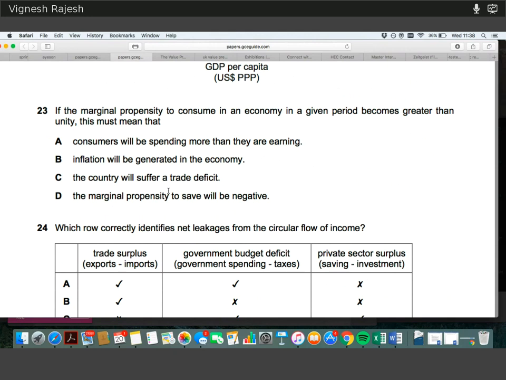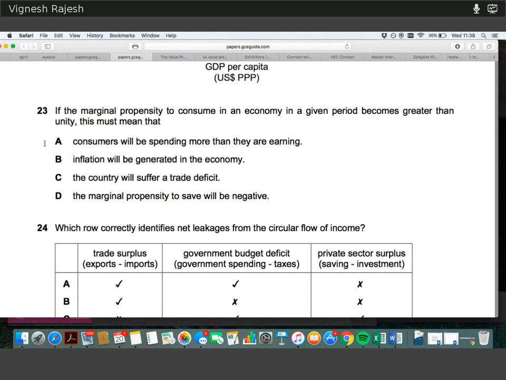This would be an example when, say, in a given time period, you're purchasing a house. Given the loan you'll take out, you'll have to borrow so much money that your consumption will be greater than income, or the additional consumption would be greater than the additional income you earn, if that makes sense.